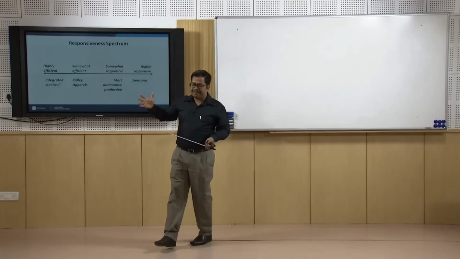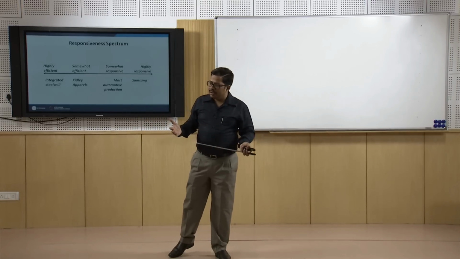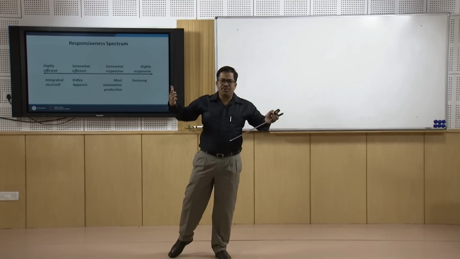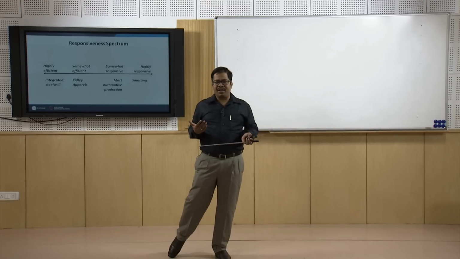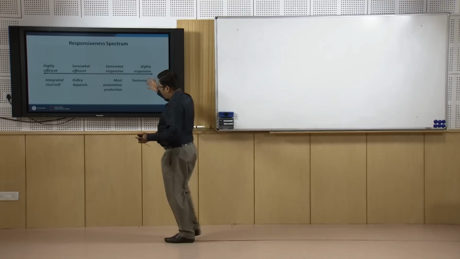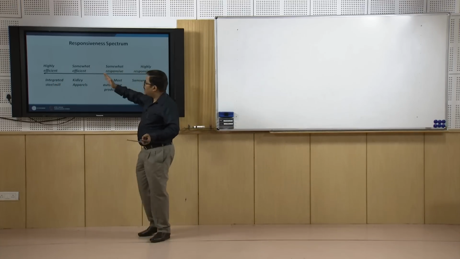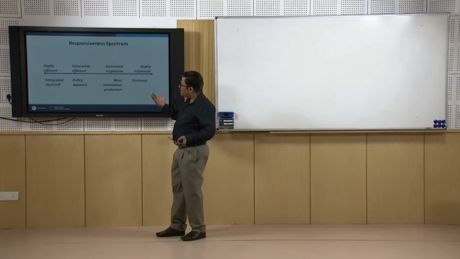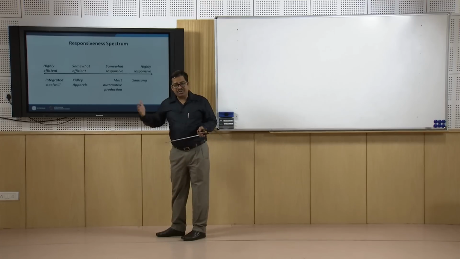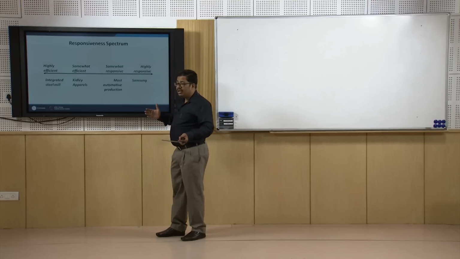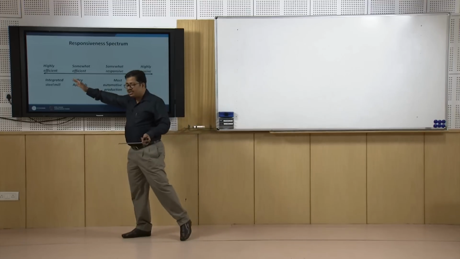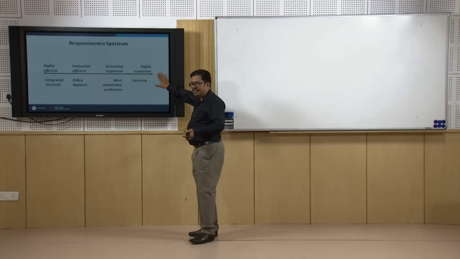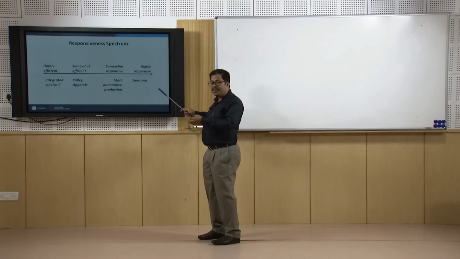So, try to see various examples around you, try to see the supply chains of new startups that are coming up, and where they are on this responsiveness spectrum. So, this will be good hands-on learning for you, and it will be very interesting as an outsider, as an expert of the supply chain. Now, you will be able to understand whether this supply chain is towards the efficiency side or towards the responsiveness side. So, this is the responsiveness spectrum.